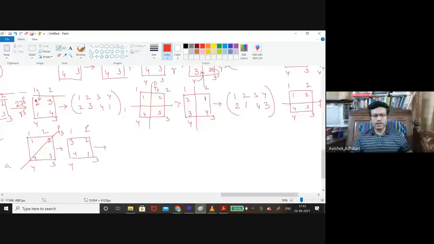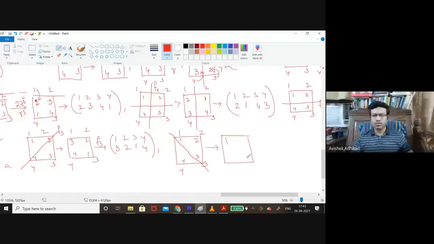I call it F3: 1 goes to 3, 2 goes to 2, 3 goes to 1, 4 goes to 4. Similarly, I can have another diagonal, this diagonal. Here 1 and 3 remain fixed, and 2 and 4 swap. We call it F4.